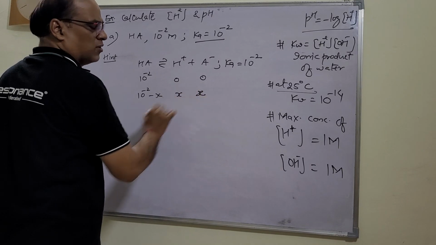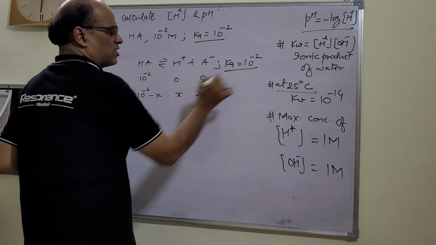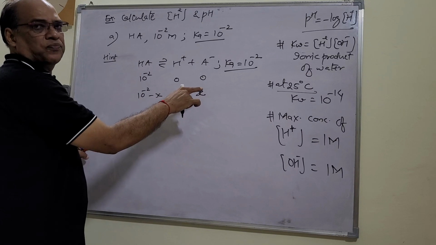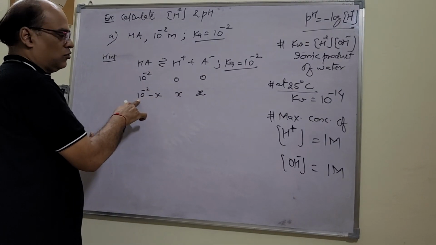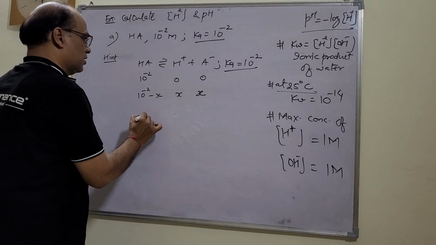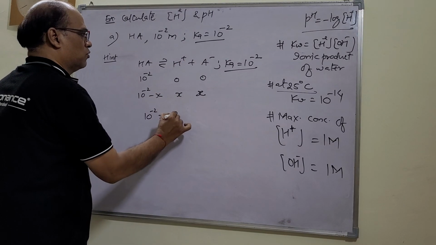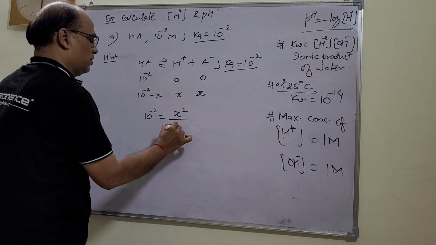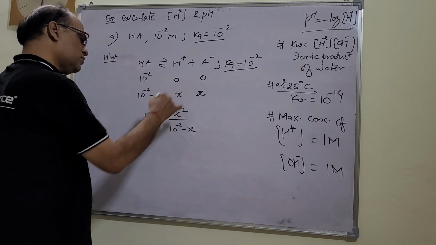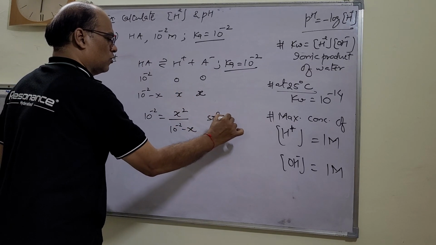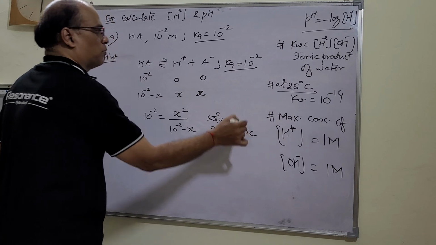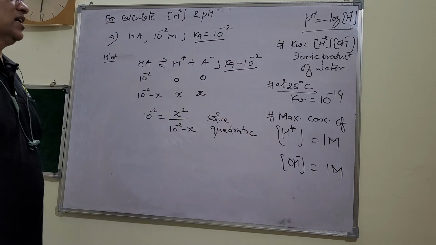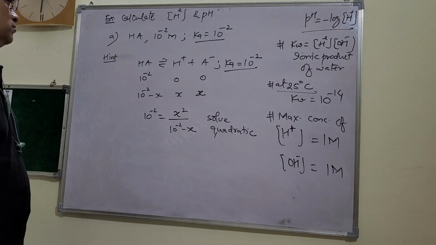We know this K is 10 to the power minus 2, so we cannot neglect this X with respect to this. Now put the value, get the answer. So 10 to the power minus 2 must be equal to X square upon 10 to the power minus 2 minus X. Solve the quadratic. Okay. So report the pH and H ion concentration in the comment.